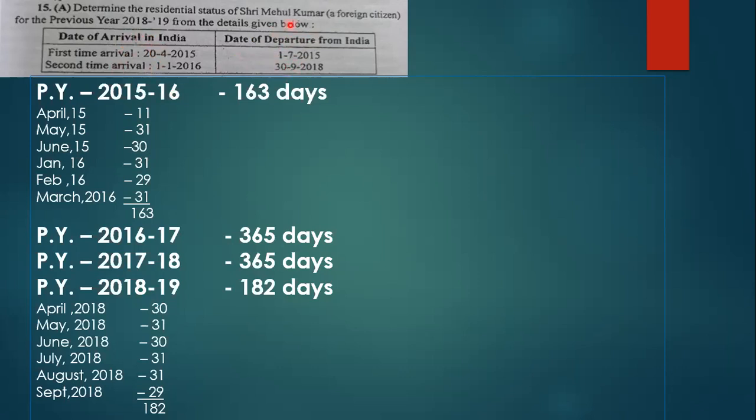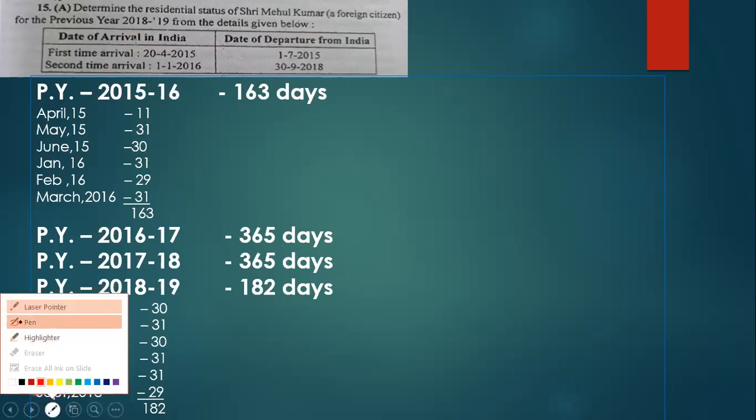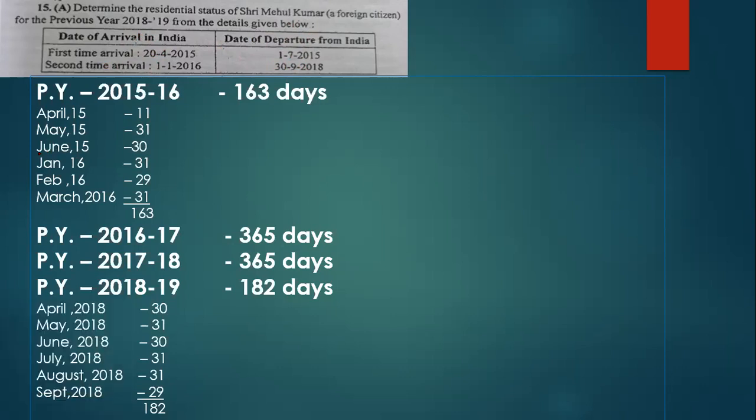So we will exclude the day of departure. Okay. So the calculation from this information is finished till here only.